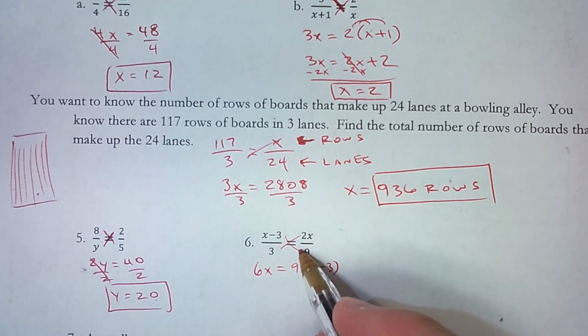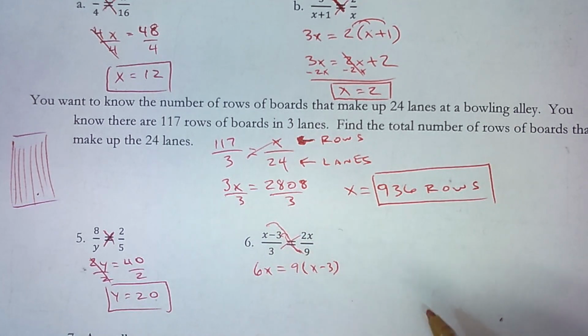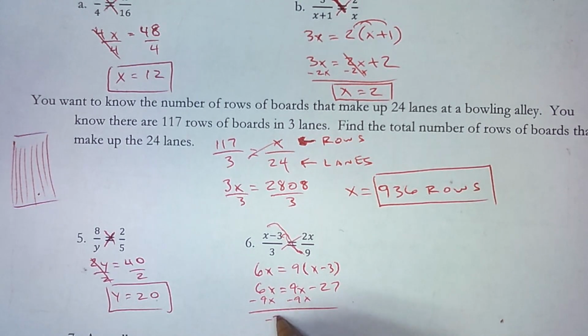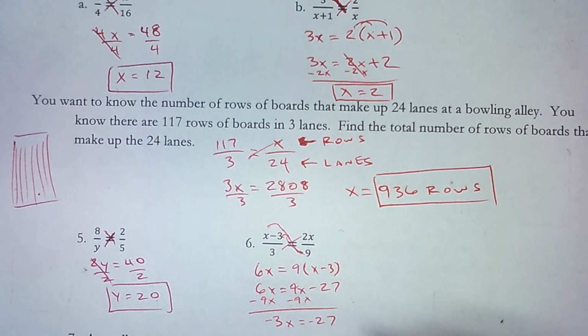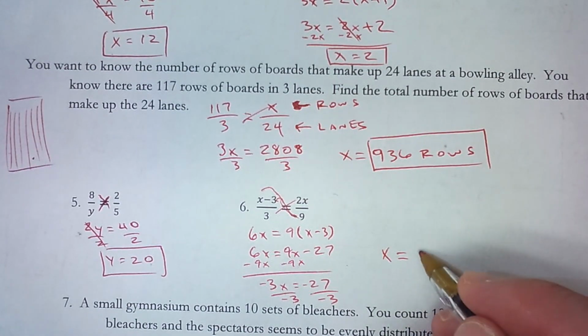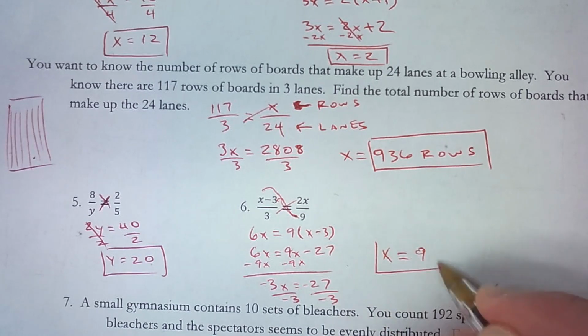If you want to skip a step, it would be okay to just distribute this right now and have the distribution written here. So 6x equals 9x minus 27. Minus 9x, we get negative 3x equals negative 27, and divide by negative 3. Negative 27 divided by negative 3 is positive 9.